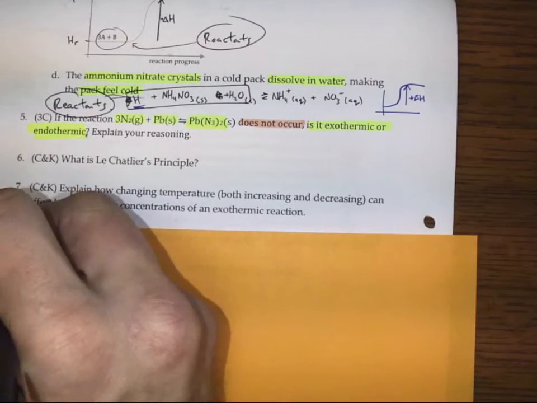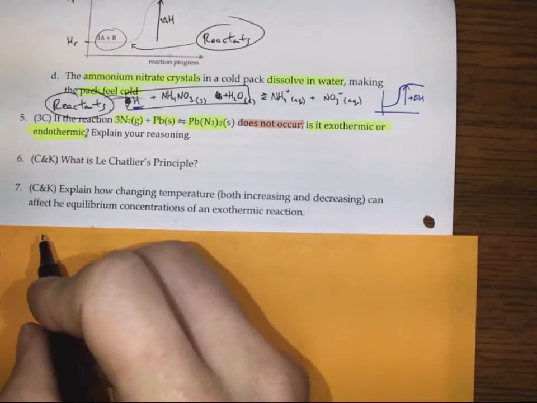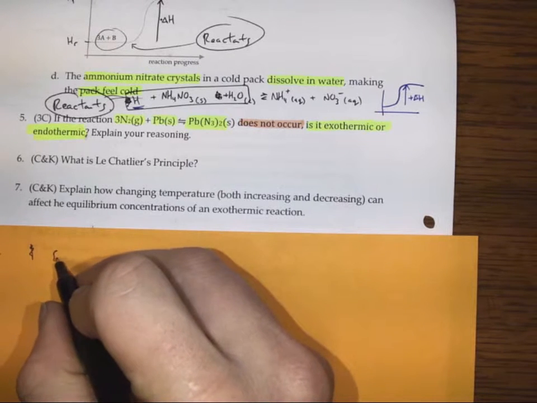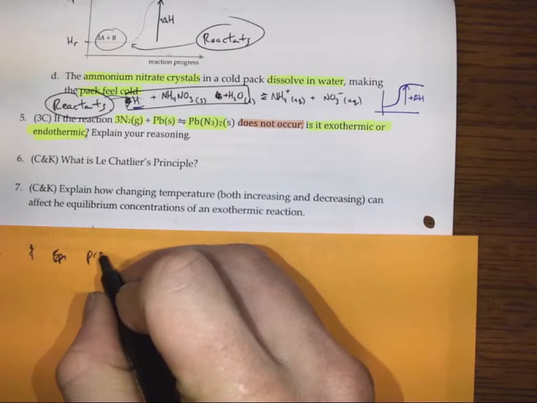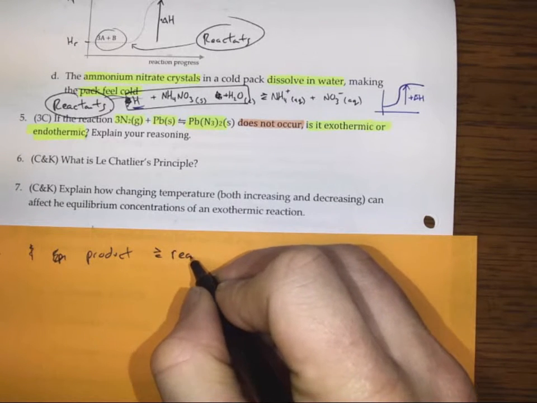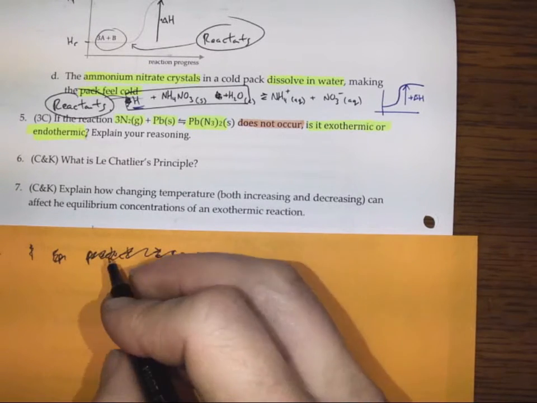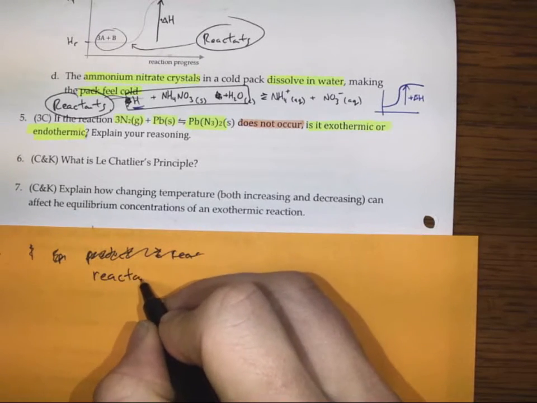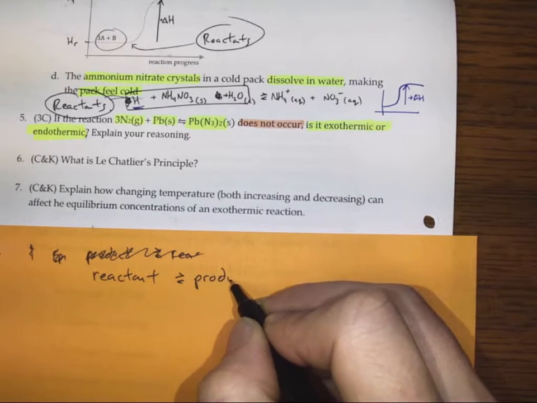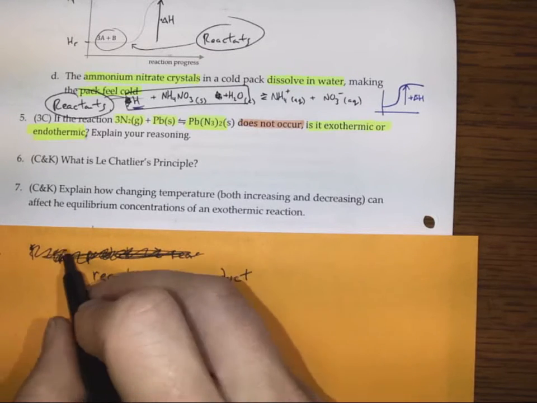All right, so for question 7, we have a reaction where we know that we have some product in equilibrium with a reactant. That's backwards, isn't it? Some reactant in equilibrium with a product. Pardon me. Okay.